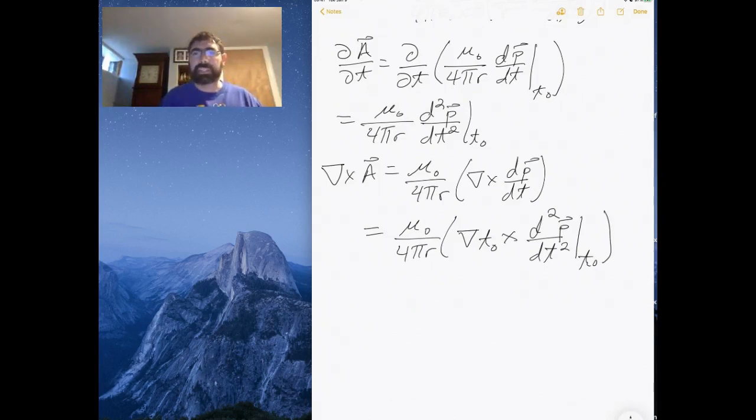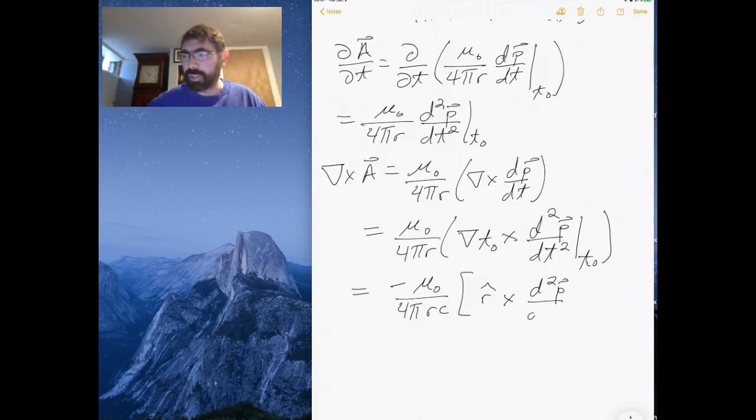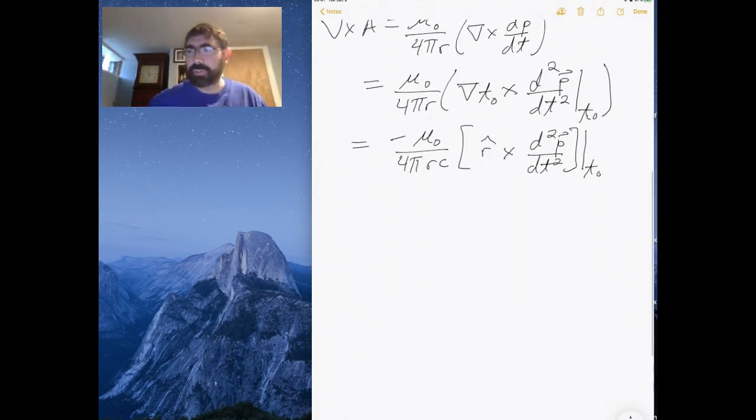So we're doing kind of a change of variable in terms of the time. And when I do that, I already know that the gradient of the time is r hat over c. So I get minus mu 0 over 4 pi rc, r hat curled into the second derivative of the dipole moment, evaluated at some time t0.